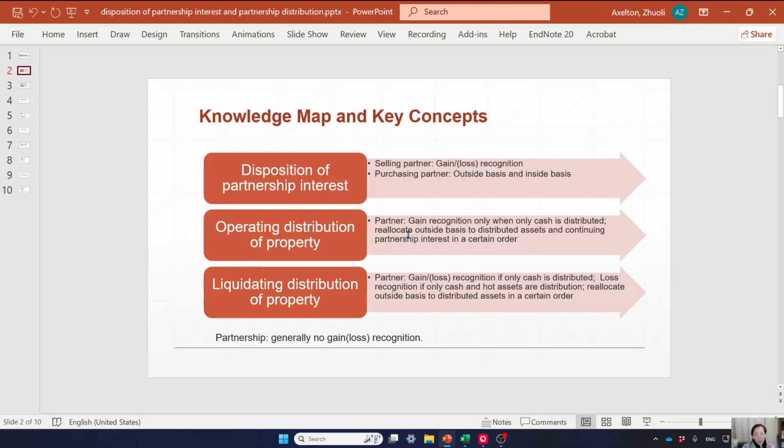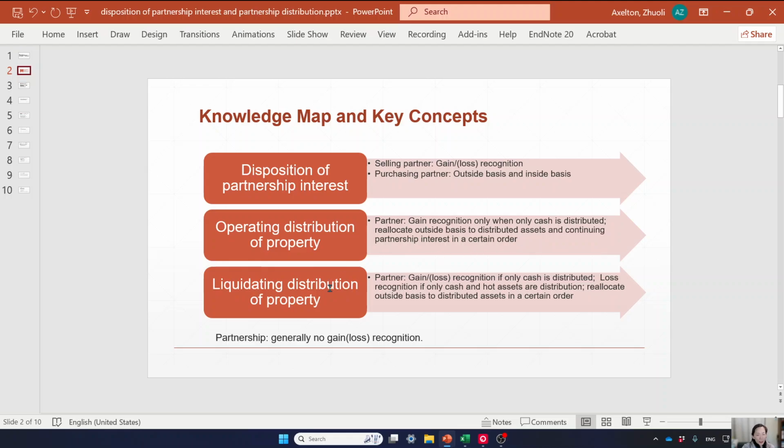If there's other property involved in the distribution, the partner is required to reallocate the outside basis to the distributed assets and a continuing partnership interest in a particular order. So when we get to the exercise, we have to work through the steps in the calculation to figure out how the basis is allocated in that order.